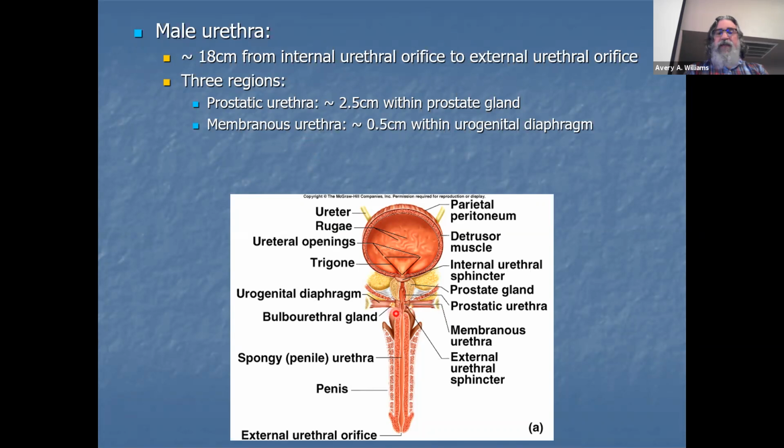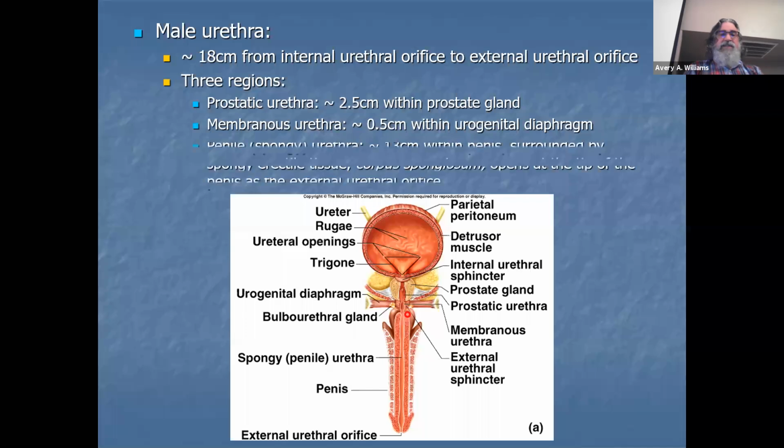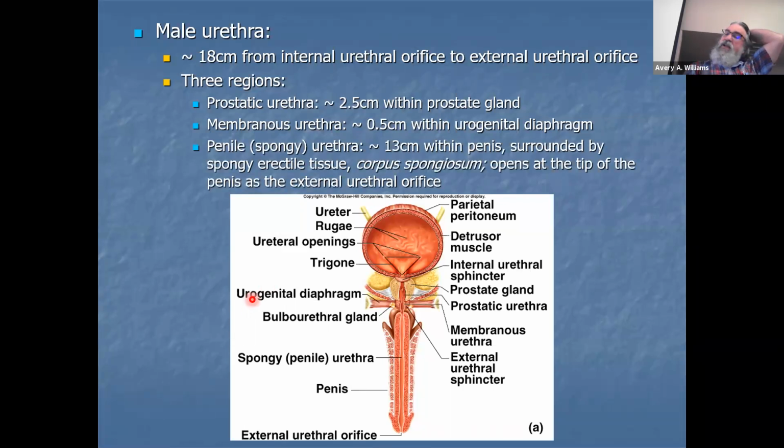And once you go through that, you're on the outside of the body, but males have a penis. And so attached beyond that is the penis. The portion of the urethra that's traveling through the penis is the penile urethra, or some books will call it the spongy urethra. Why do they call it spongy?